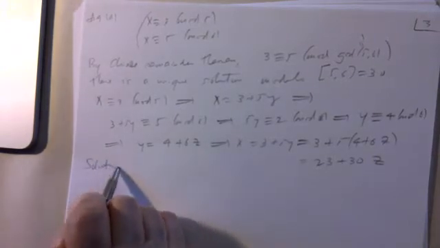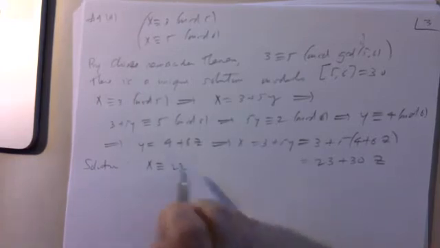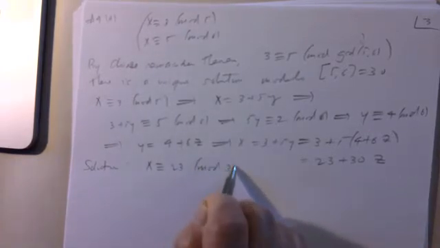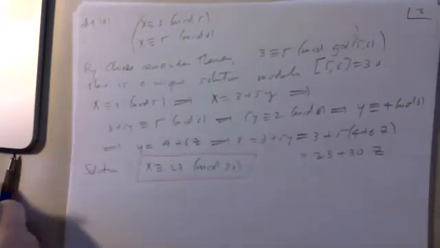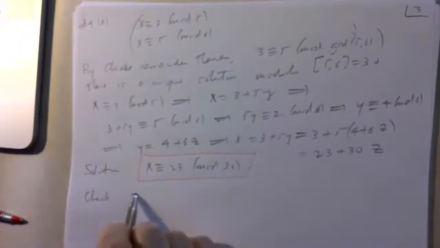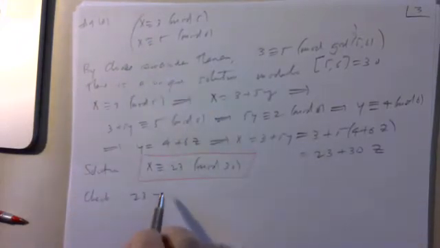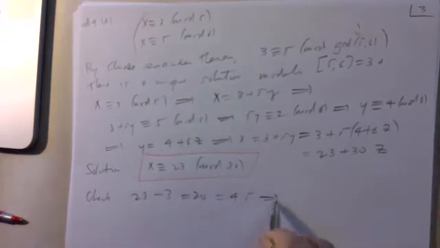So the solution of this pair of congruences is all x congruent to 23 mod 30. And you should always check. 23 minus 3 is 20, which is 4 times 5.